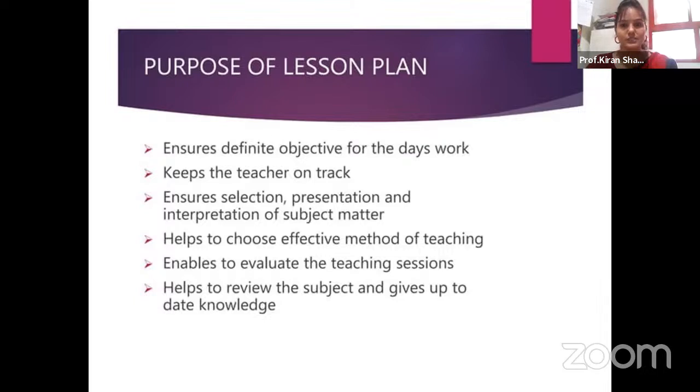It helps to choose the effective method of teaching, enables evaluation of the teaching sessions, and helps to review the subjects and give up-to-date knowledge. Through planning, the teacher can also make out which age group will be best to teach.